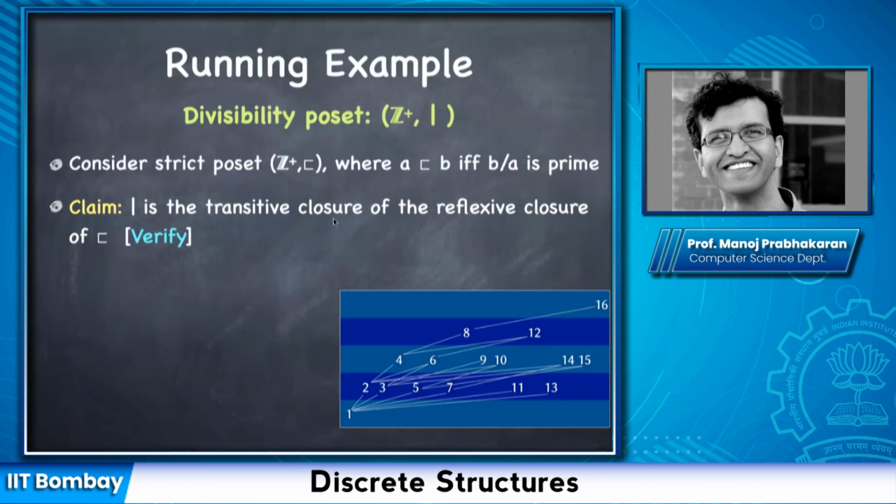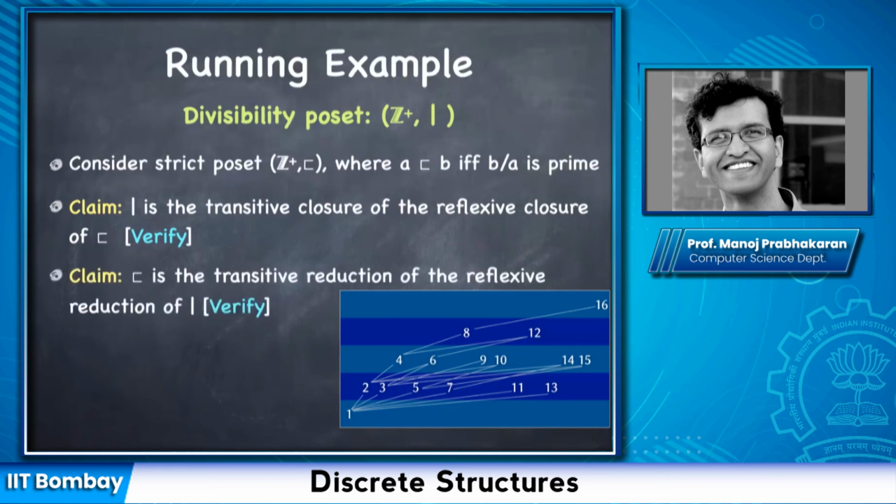Okay? So you can verify that if I take the transitive closure and the reflexive closure, what I'll be left with would be the original divides relation. And in fact, this is the smallest such relation, in the sense that it is the transitive and reflexive reduction of divides. The way I've defined it is, first take the reflexive reduction and then take the transitive reduction, and you will get back exactly this relation.